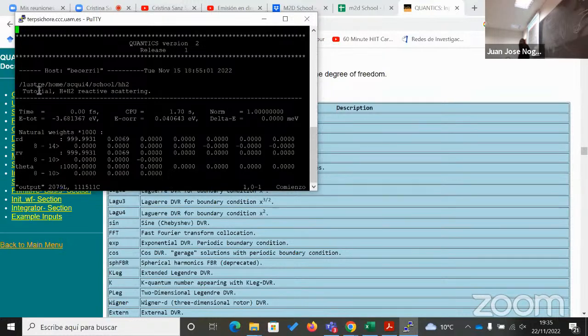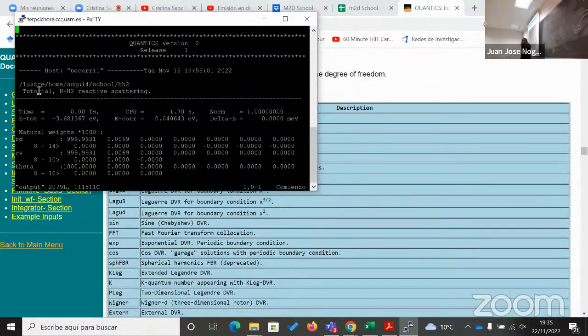For the RD, we chose 14, 10 and 10, and those are giving you the population in each of these, like the population that you obtain when you run an electronic structure calculation, which gives you the population and the energy of the orbitals. It's similar here, and these are the ones that are more important for our calculations.